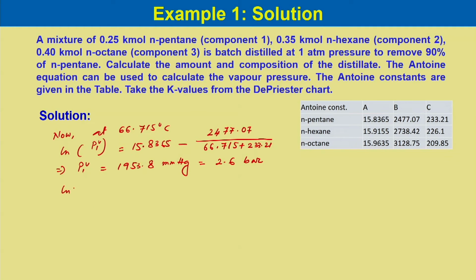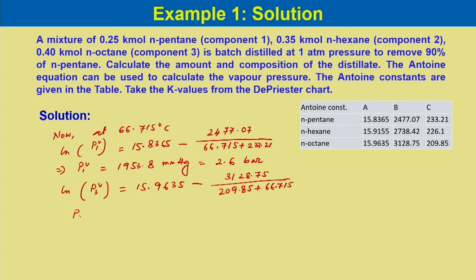Similarly, ln P3V would be equal to 15.9635 minus 3128.75 divided by 209.85 plus 66.715.